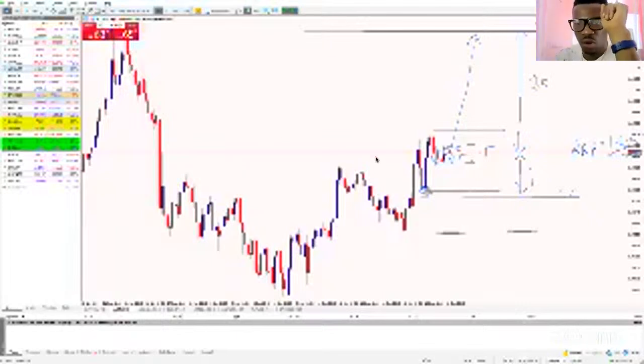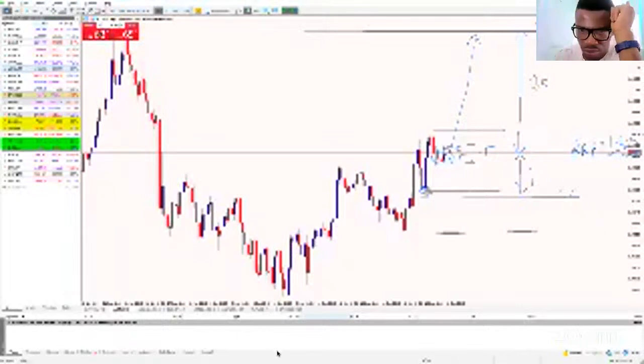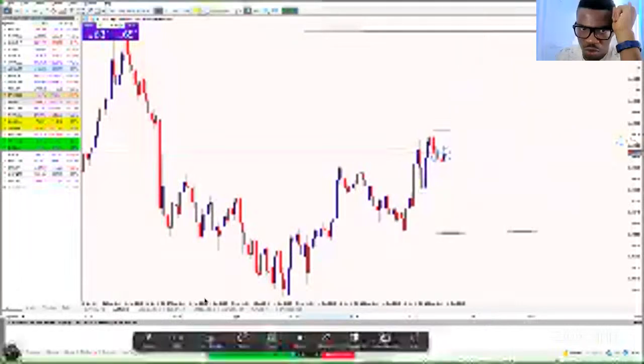okay, we have to count the pips first of all, before I say what I want to say. I don't want anybody to be confused. We are not talking about Forex now. That of Mexi, you can see it was quite easier. Here, we need to do some calculation. I need to check from my entry to my stop loss.